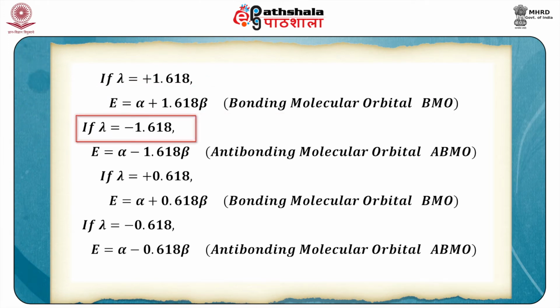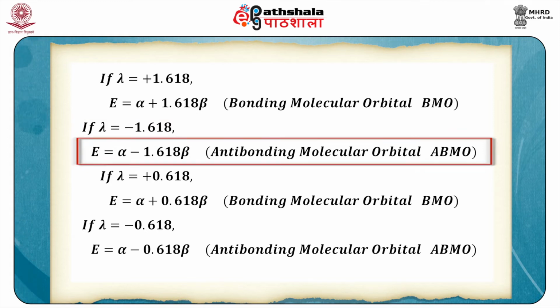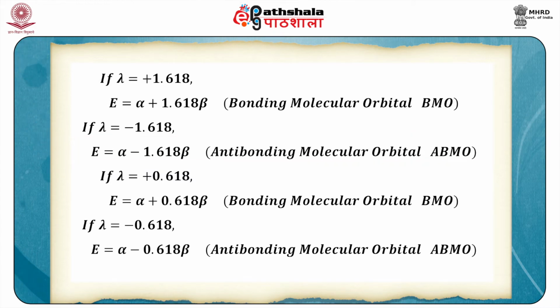Secondly, if lambda is equal to minus 1.618, we get the corresponding E equal to alpha minus 1.618 beta. Here beta is also negative, alpha is also negative, but since the second term is negative, the second term becomes positive, and therefore this is higher in energy, and therefore we will call it an antibonding molecular orbital.